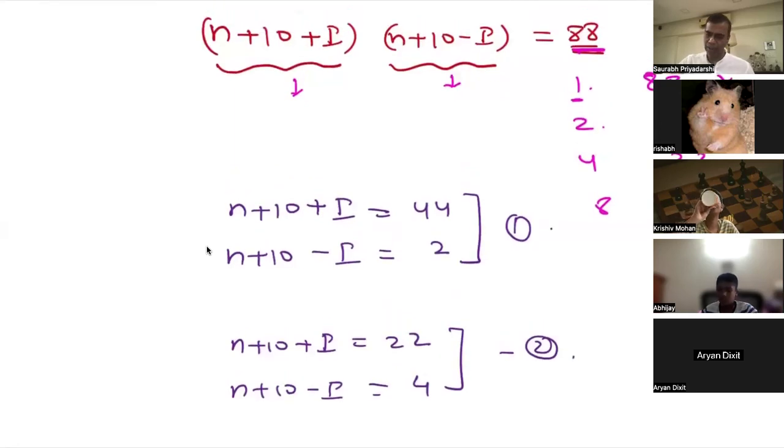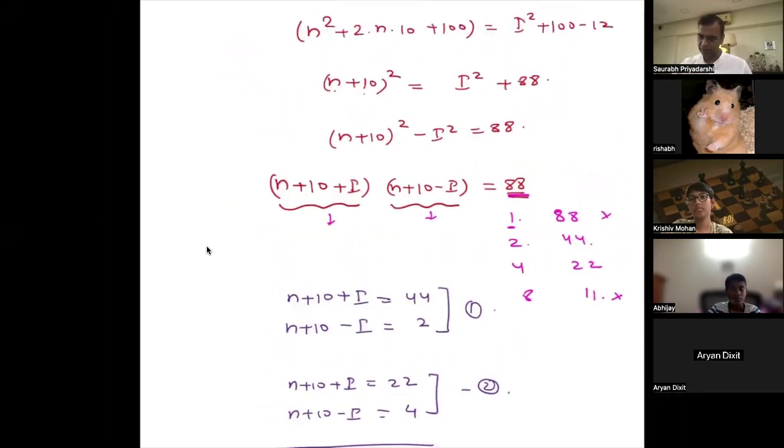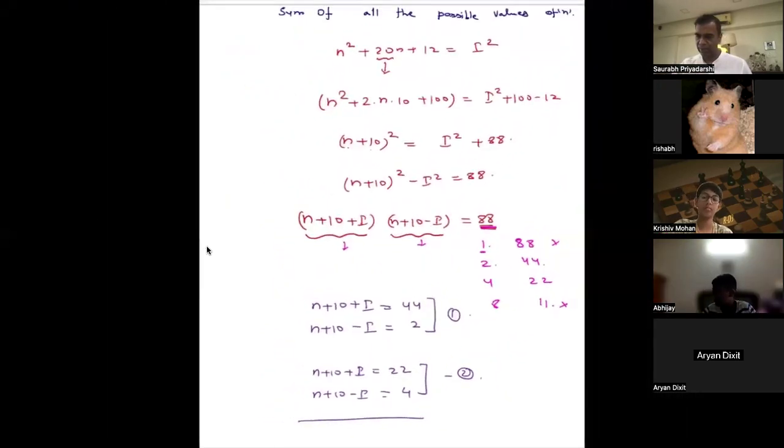I hope you all are getting this. Else I can add all four, then I'll get the value of n. 16, I guess 16 is coming. Is this okay, everyone?